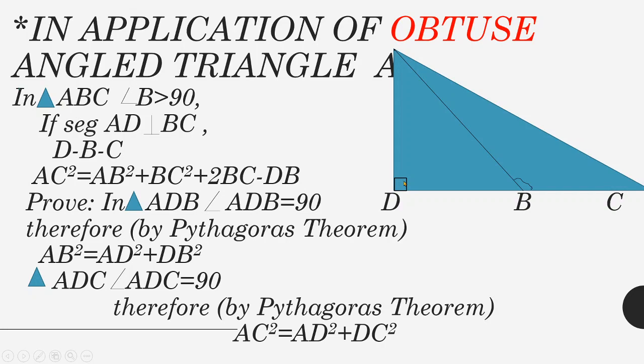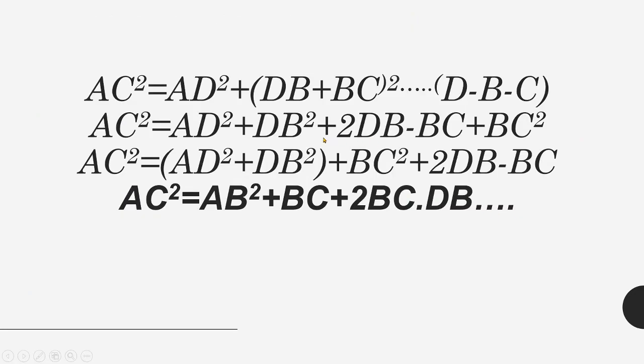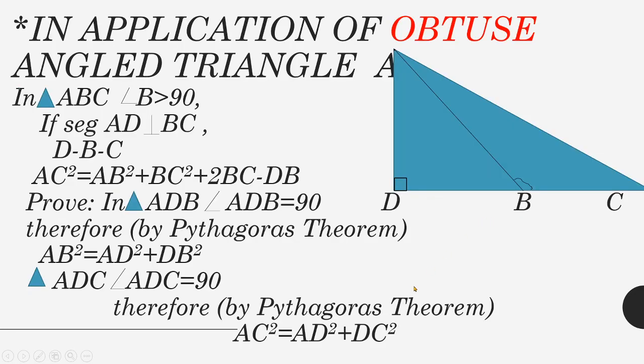D is 90 degrees here also, so you can use the Pythagoras property here also. So AC square is equal to AD square plus DC square.